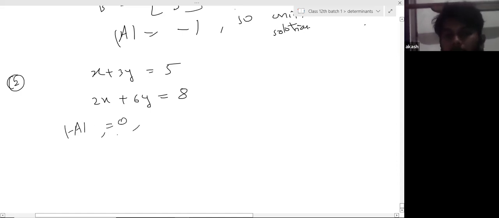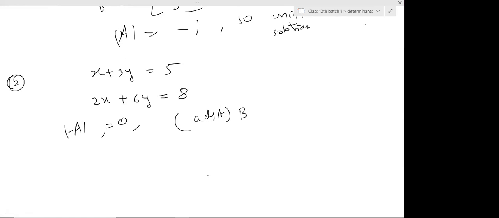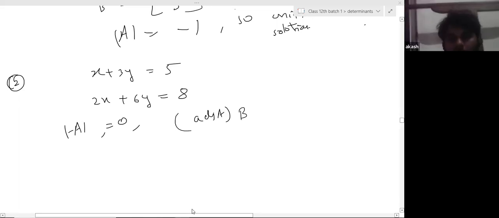When the determinant of A is 0, then you try to find adjoint of A times B. So inconsistent. All right, so you got the answer.